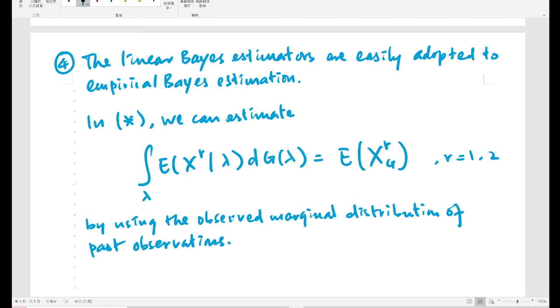So we can use the repeated observations, just like what I talked about in session 1.8, the empirical Bayes approach. We use the x observations to estimate the marginal distribution or the moments in the marginal distribution.